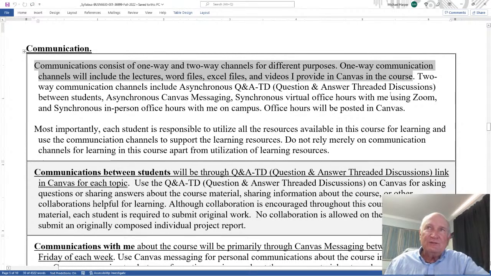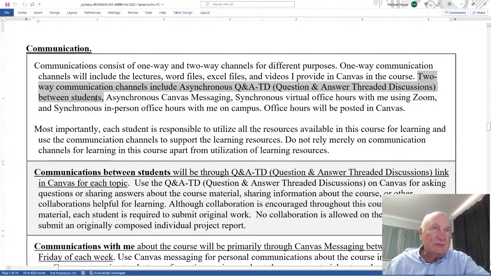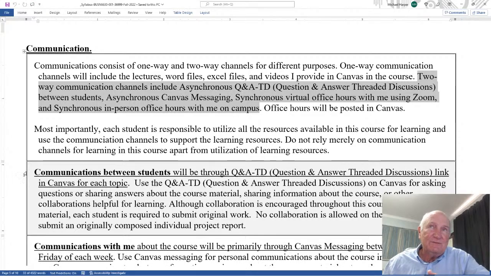Two-way communication channels include asynchronous question and answer threaded discussion between students, asynchronous Canvas messaging to me, because I will read it, synchronous virtual office hours with me using Zoom, and synchronous in-person office hours with me on campus in my office.